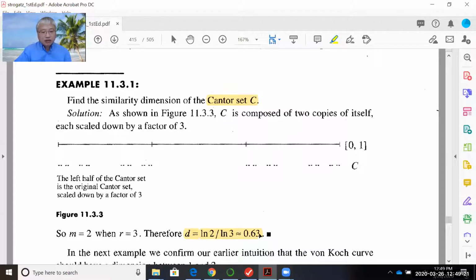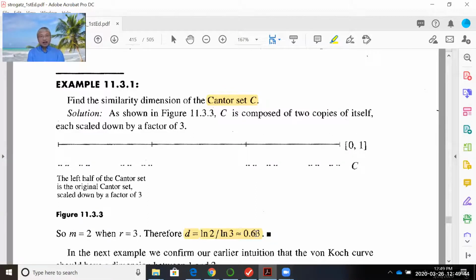You see this number is less than 1. The Cantor set has a dimension less than 1, because 1 is a continuous line, and the Cantor set is not a continuous line. But it has a finite dimension. The dimension is not 0. Dimension 0 would be just a point.